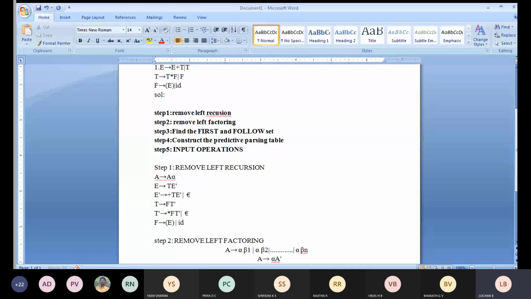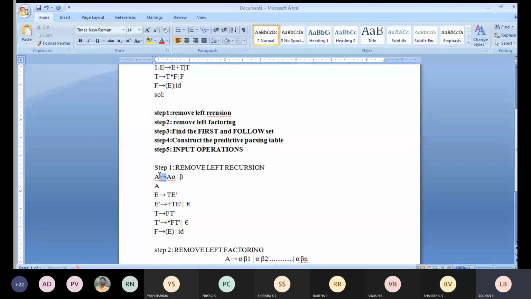This particular production, I am going to write A implies beta A dash.